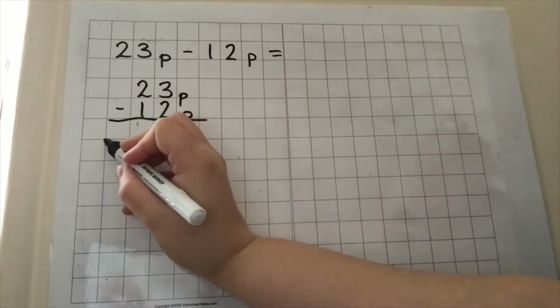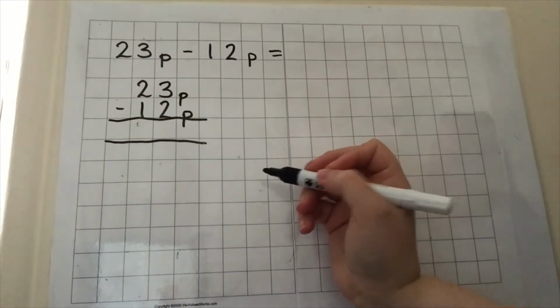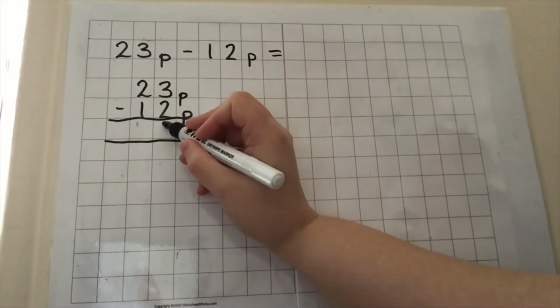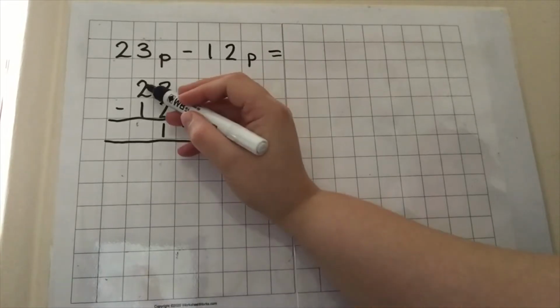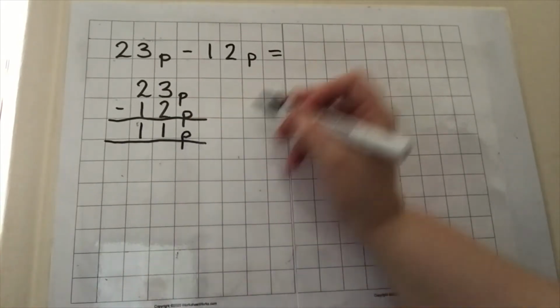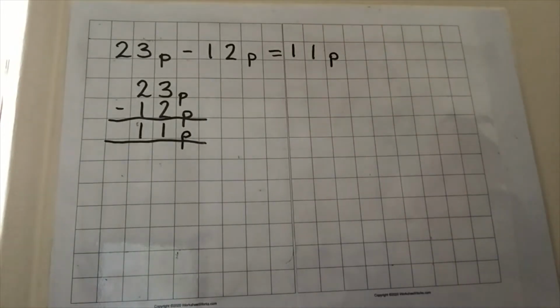Remembering our pence, because that's what they are. They're not elephants, they're not bananas, they're pennies. So 3 take away 2 gives us 1. 2 take away 1 gives us 1. So we end up with the answer 11 pence.